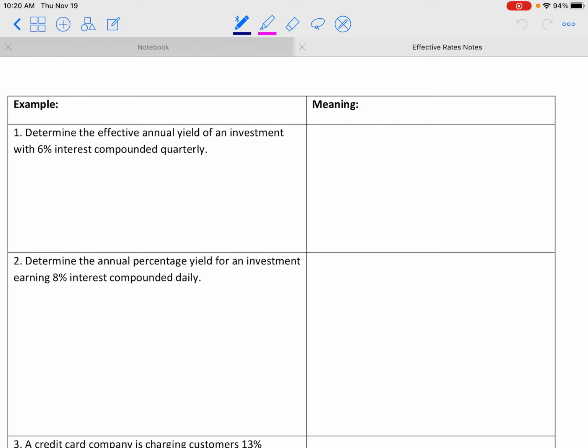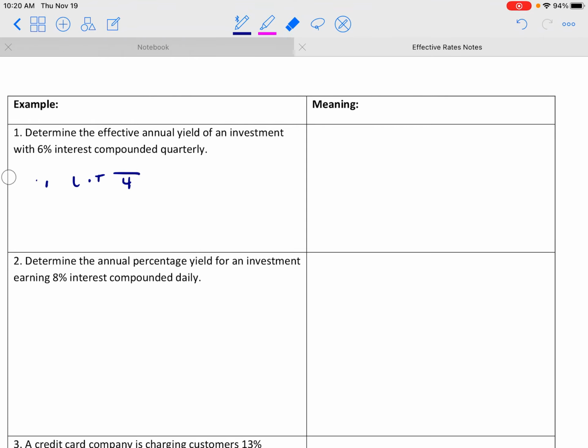Okay, so number one, it says to determine the effective annual yield of an investment with 6% interest compounded quarterly. So our APY formula says to take 1 plus R, which is 6%. 6% is 6 out of 100, which is 0.06 as a decimal, and that goes over N. If it's quarterly, that means N is going to be 4.